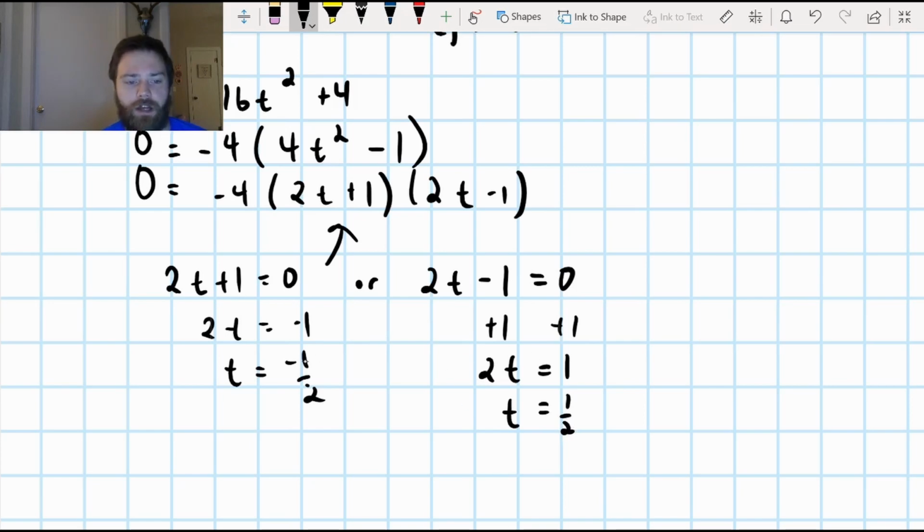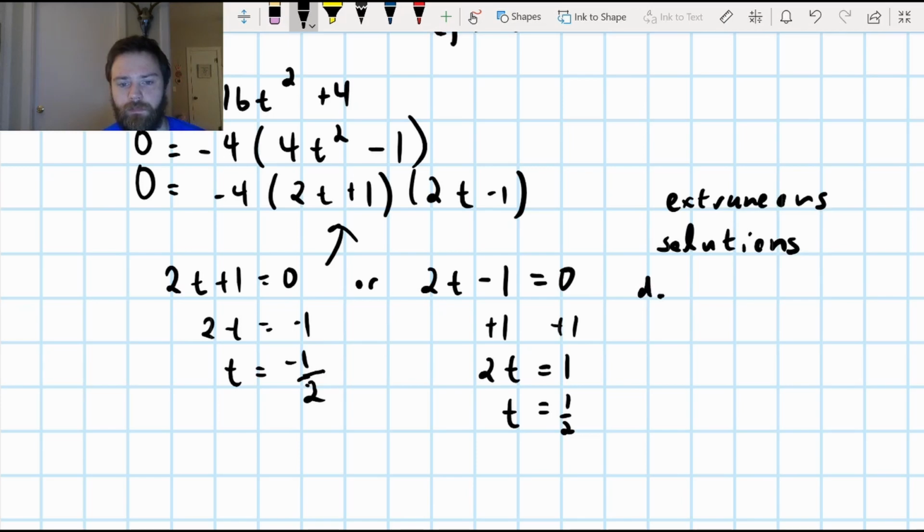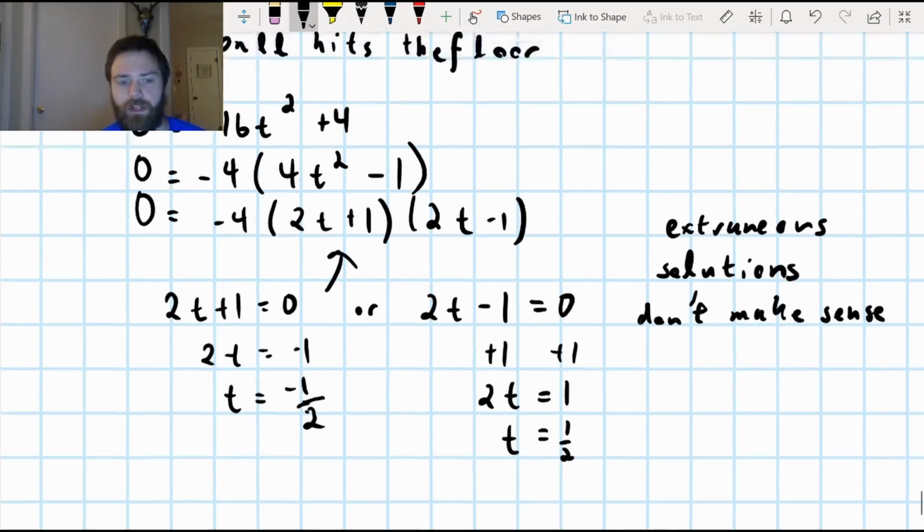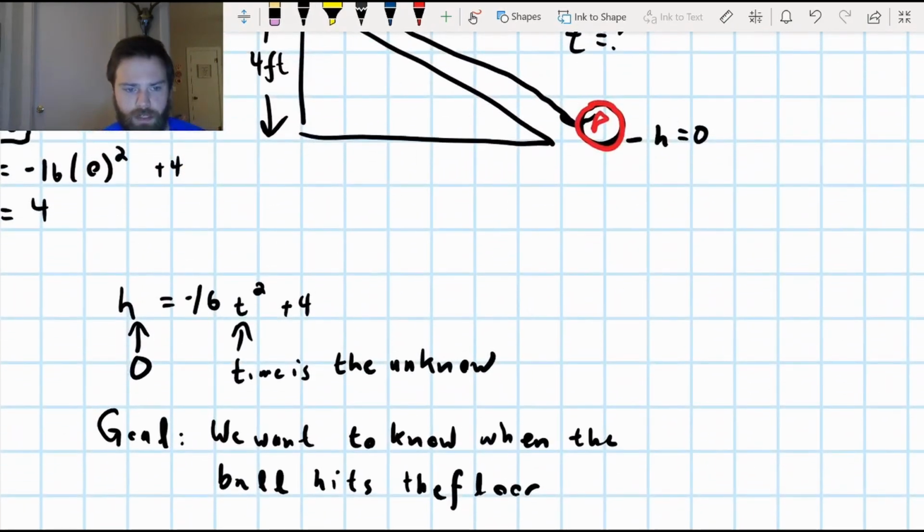This is the first time you're going to encounter something in math known as extraneous solutions. Extraneous solutions don't make sense in the context of our problem. If we're talking about time, something we consider whenever we're dealing with any equation like this is that time is greater than or equal to 0, right?